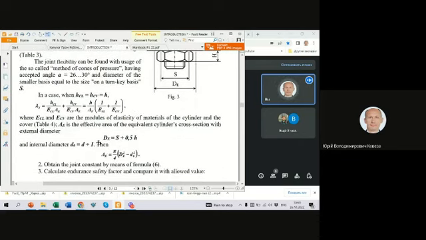So you can calculate AE from this formula, where DE is the equivalent cylinder diameter. It is S plus half H. S is the range size. It is not the safety factor. It's the range size.